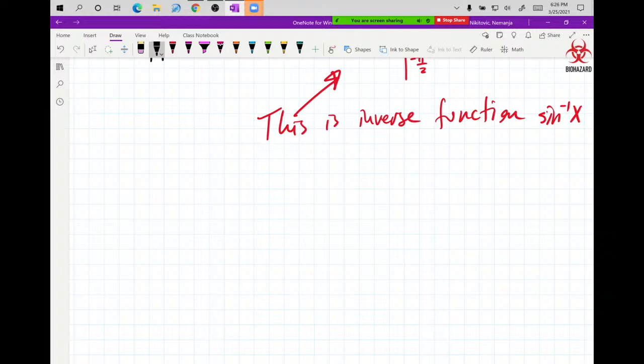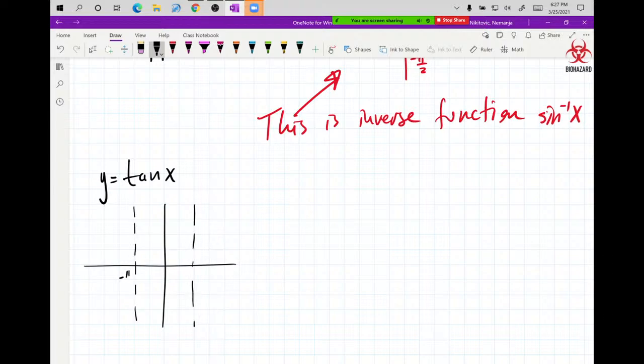Vanilla tangent, y equals tangent x, is going to have vertical asymptotes at negative pi over 2 and positive pi over 2. And then the tangent is going to go through, and then you're going to have the next one.